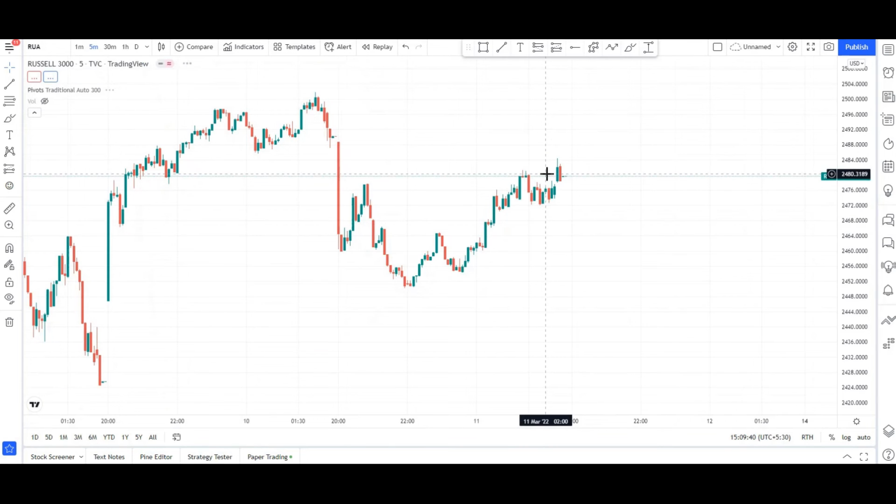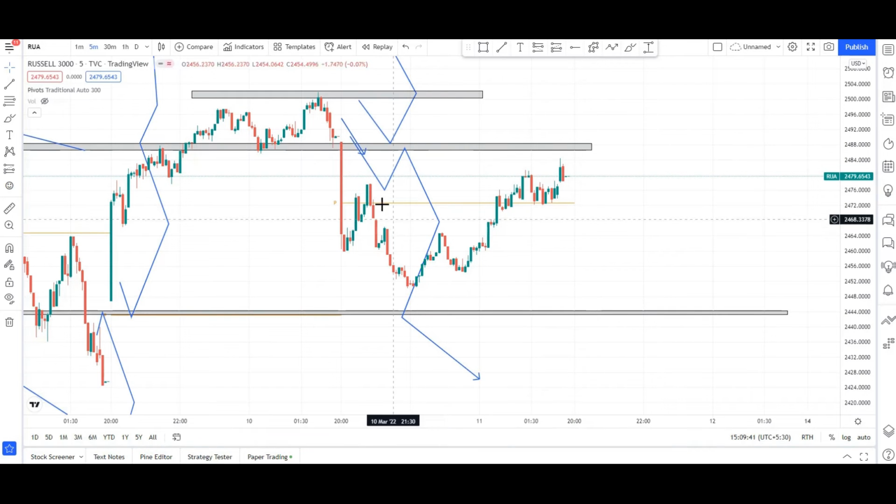Okay guys, we can see Russell 3000 also, and how it behaved. Exactly from here only it took resistance and came down. From here only the buyers are so much bullish because of this green candle, you can see that. That's why buyers took it from here only.